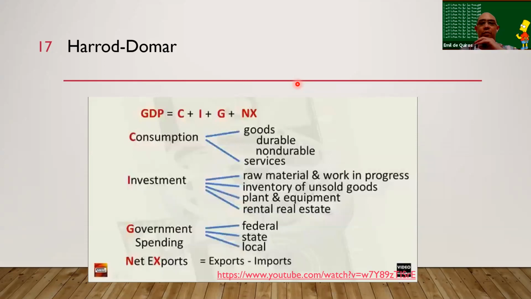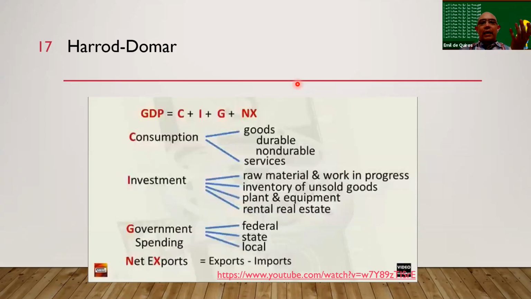Investment stands for also consumption, what private businesses consume. If they buy stuff, computers, equipment, whatever, that's included as consumption. Non-durable, by the way.